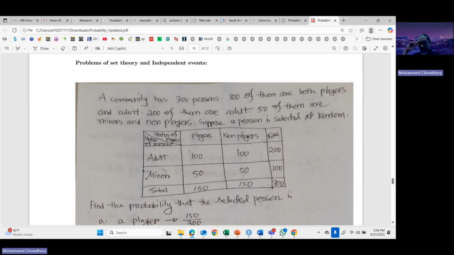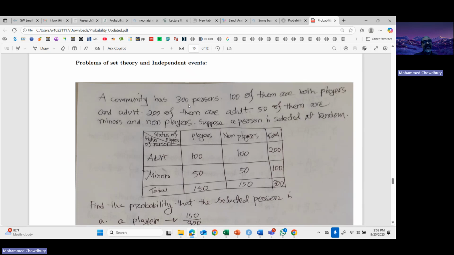In this problem, it is said a community has 300 persons. 100 of them are both players and adults. Are you seeing 100 of them in here? Players and adults. These things were not given like this; actually, this is given in the problem, and from that problem we are formulating this.